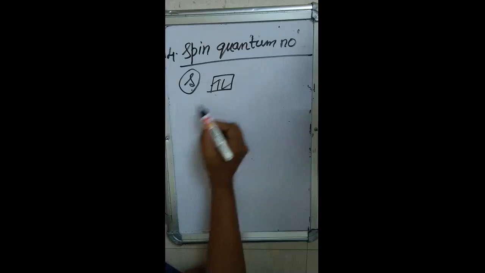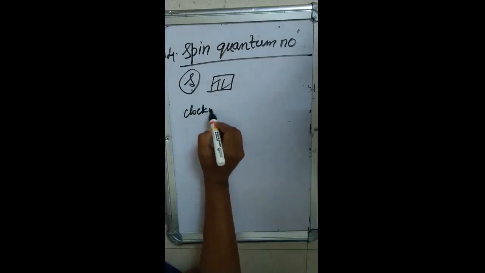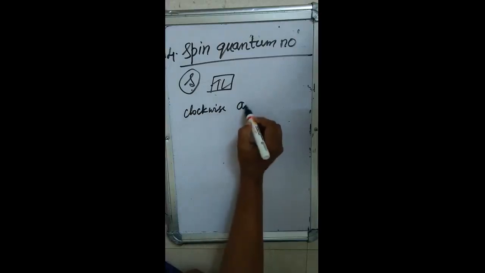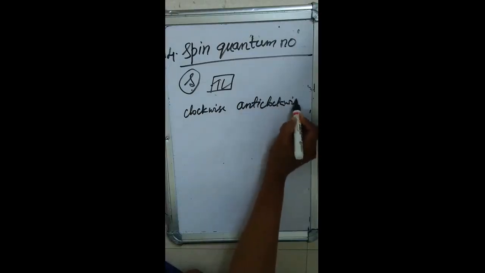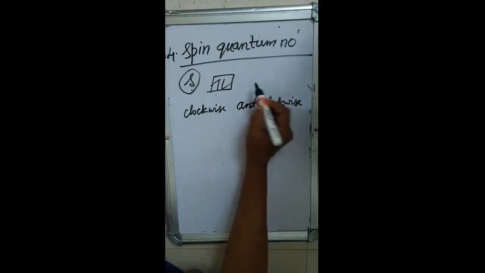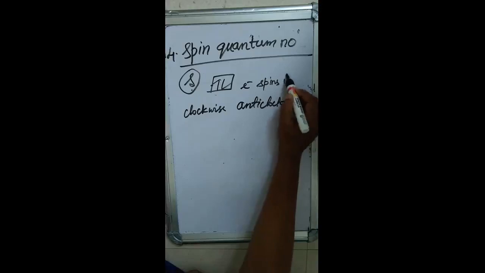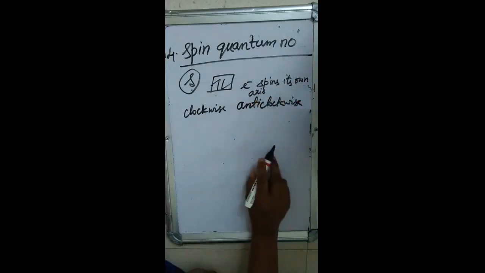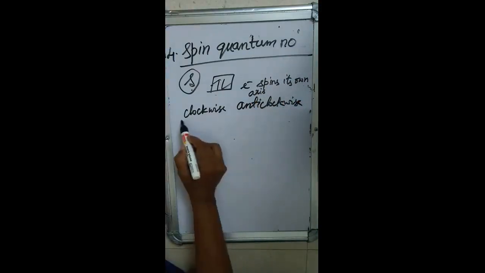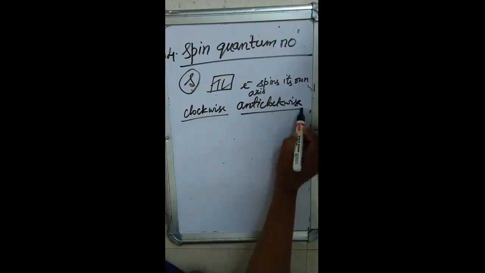So electron has 2 directions, clockwise direction and anti-clockwise direction. That means the electron spins on its own axis. It rotates either in clockwise direction or anti-clockwise direction.